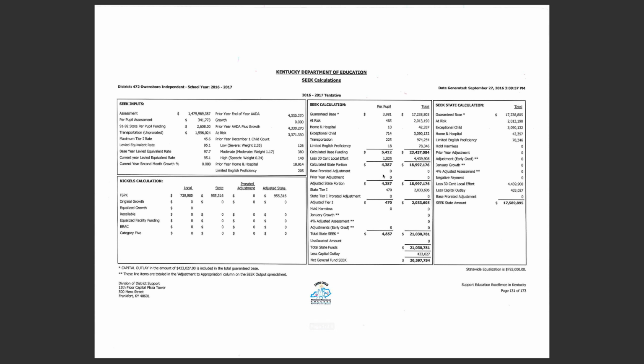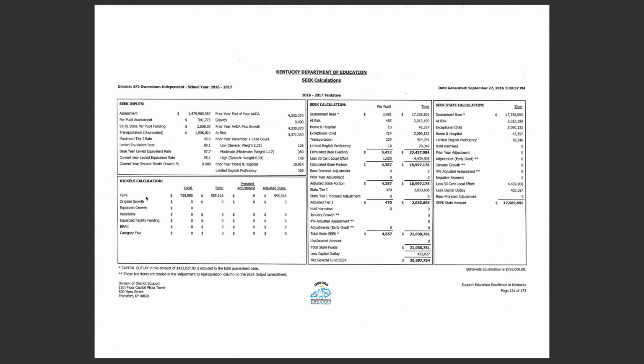So moving into one or two other points to make here. Facilities are funded through Nichols, and you can see the bottom left corner, the Nichols calculation. FSPK is the school facility construction program that essentially districts are to take 5 cents of their overall tax rate and dedicate it to facilities.